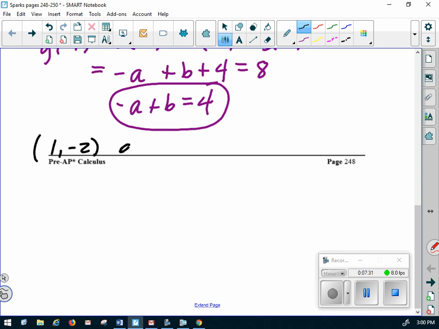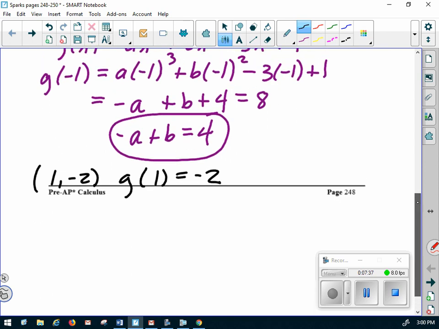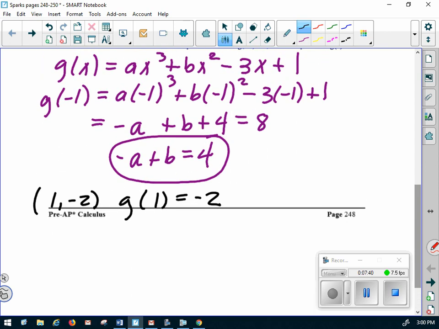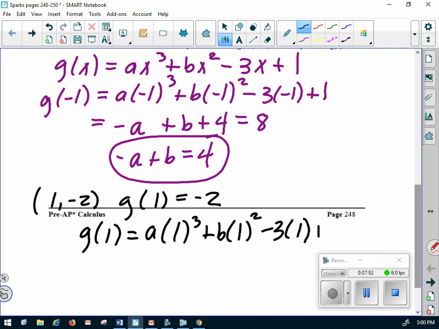So that means g of 1 has to equal -2. So let's substitute in g of 1. g of 1 equals a times 1 cubed plus b times 1 squared minus 3 times 1 plus 1.